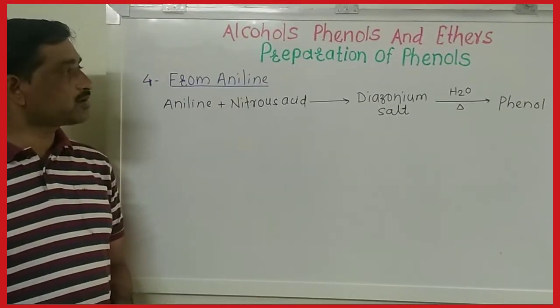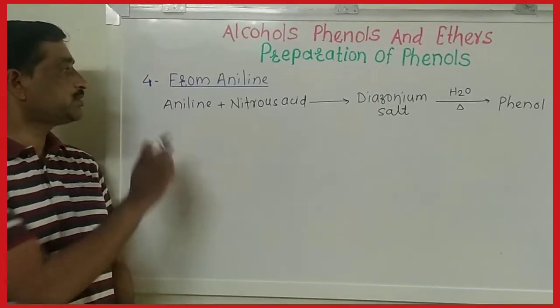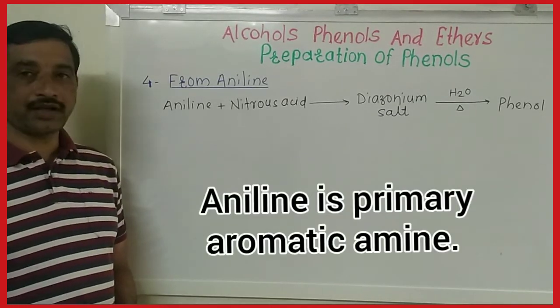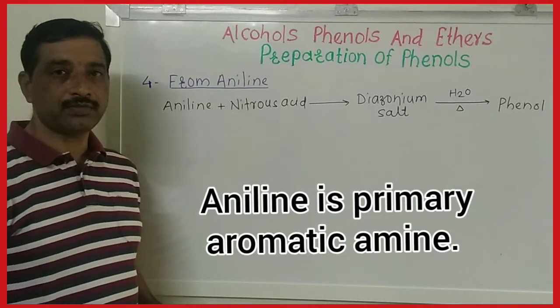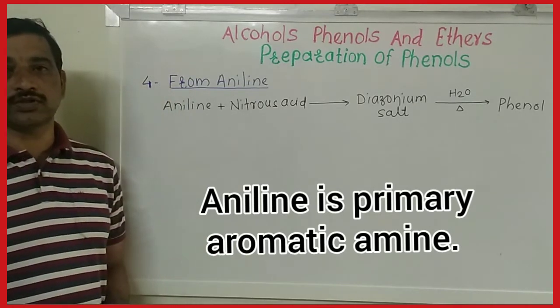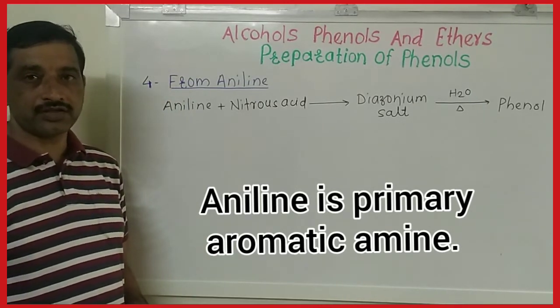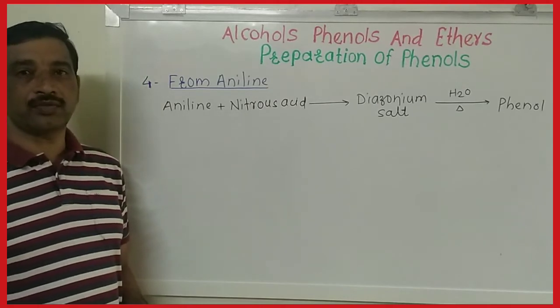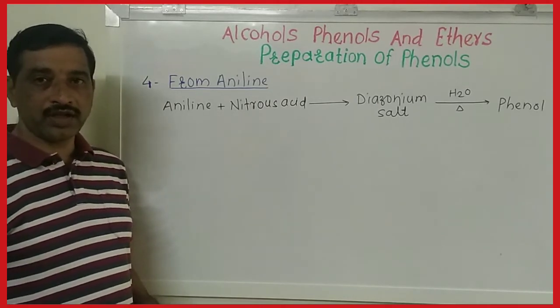Last method of preparation of phenols, that is from aniline. When aniline is reacted with nitrous acid at low temperature, that is 273 to 278 Kelvin, that is 0 to 5 degrees Celsius, then we get the intermediate compound known as diazonium salt.